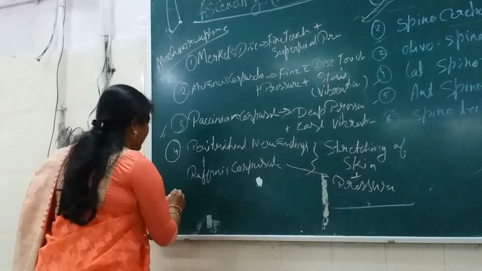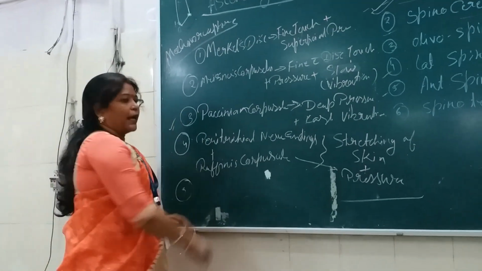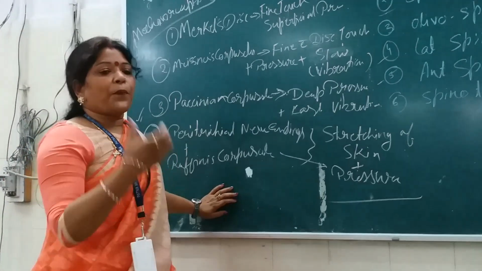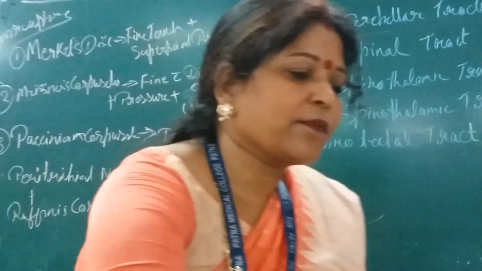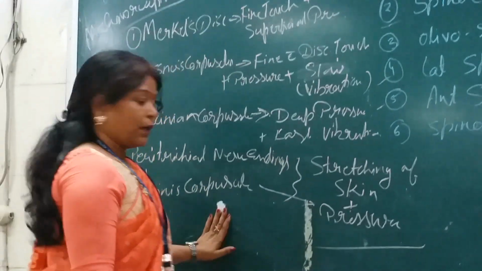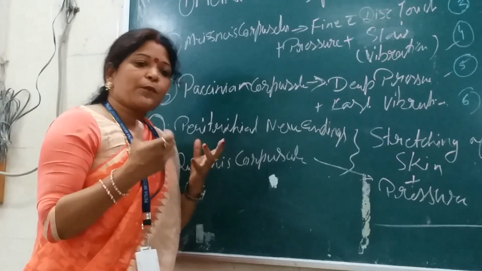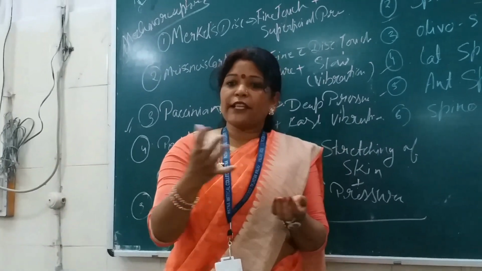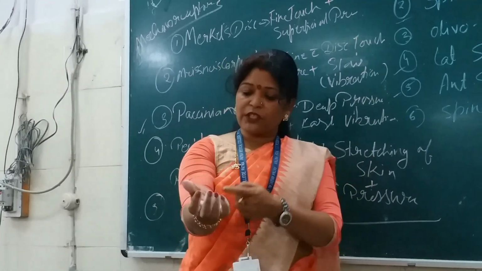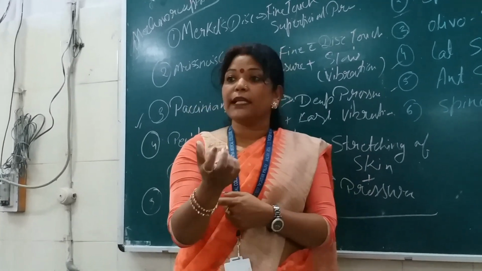Now a very important one, that is the proprioceptive impulses. What are the receptors for the proprioceptive impulses? Anyone tell me? Proprioception means the sense of the position of the body, which is coming from the muscles, the joints, the ligaments.